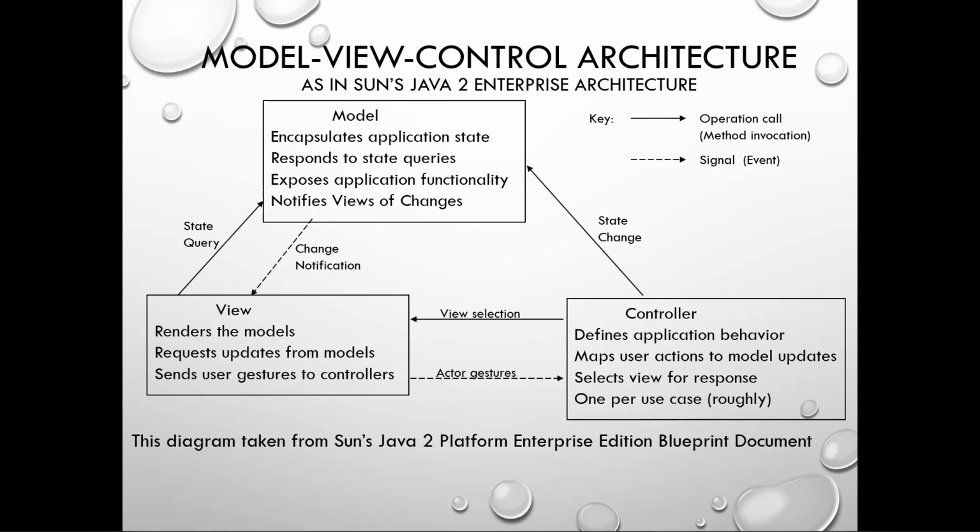It probably is humans, but it could be other software systems as well. And then that view is responsible for organizing changes to the model or queries of the model or things that alter the flow of control, and those go through the controller. The controller is that bridge between what the user wants and how those changes should be made in the model.